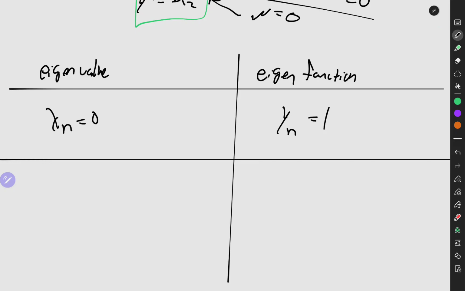I'm sorry. Actually, you know what? It could be any value, but let's not say it's 1, because we don't know that for sure. I'm getting a little ahead of myself here. There's a reason why I said it could be any value. So we're gonna call this not, because it's not like the other eigenvalue where it's gonna be some function of n, you know what I mean?